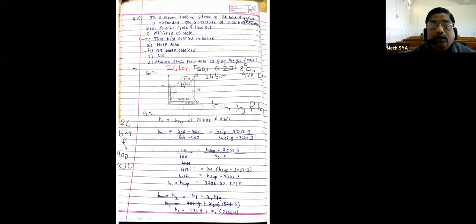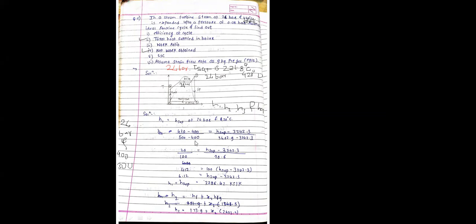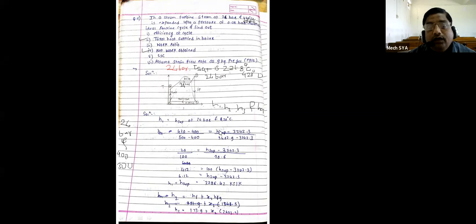So (420 minus 400) divided by (500 minus 400) on the LHS, and the same on the RHS: (420 minus 400) divided by (500 minus 400) is equal to the value of enthalpy we do not know, that we want to find out, H1, minus the enthalpy at 400.